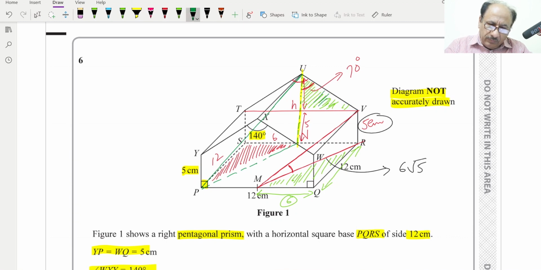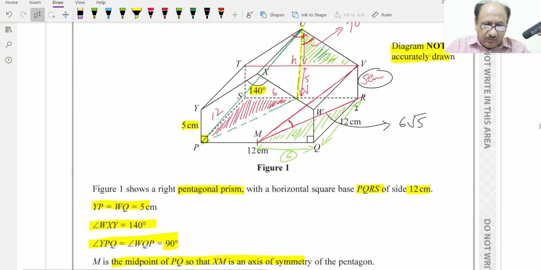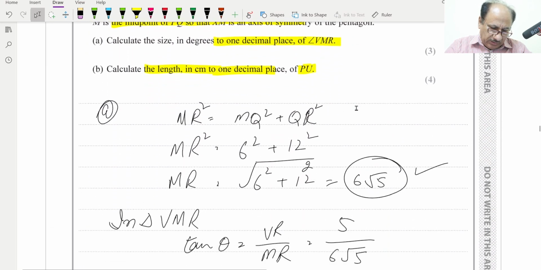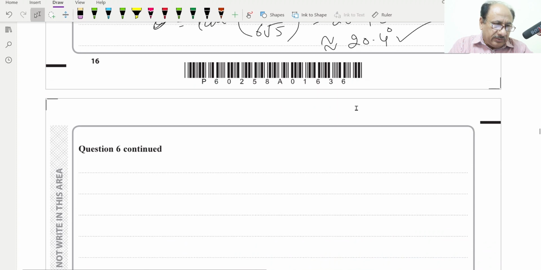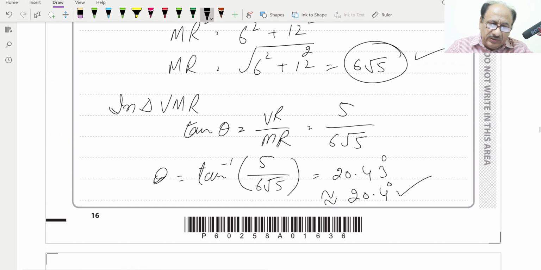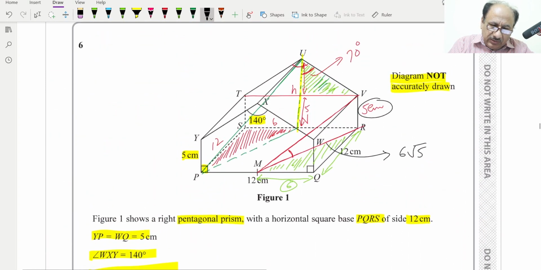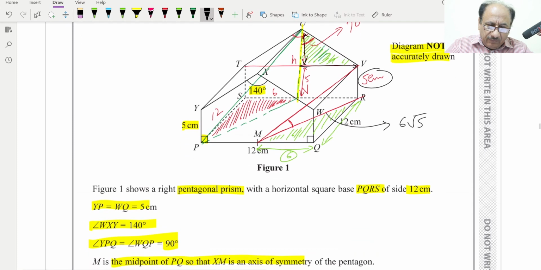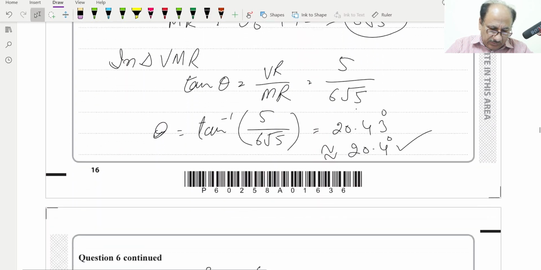Now we will be considering tan of 70 degrees, so tan of 70 degrees is equal to 6 over h. 6 is this side, and h is basically this height which we are looking for. So this will be tan of 70. So we can calculate this.